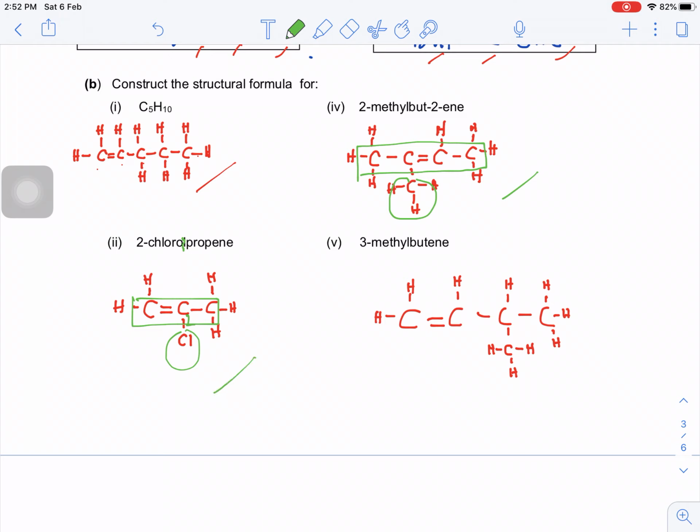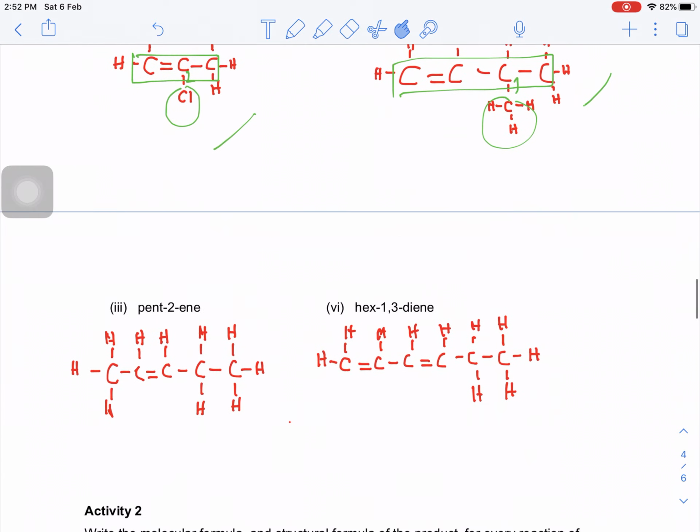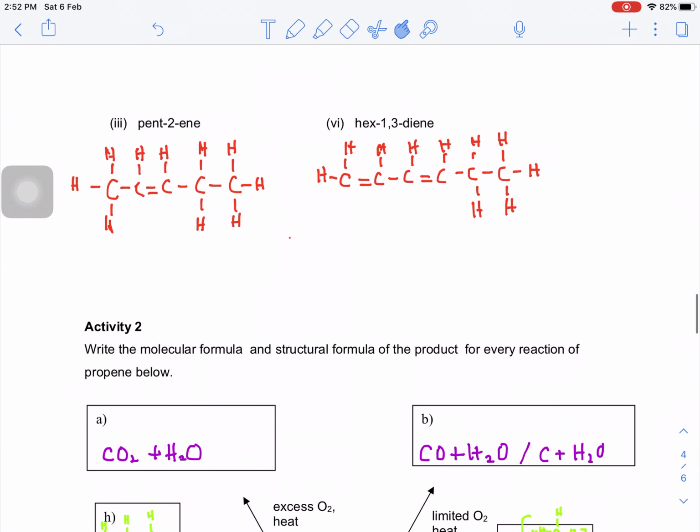Next, 3-methyl butene. Actually, kalau dia kata butene ni maksudnya but 1-ene. Okay, so butene, but 1-ene. So at carbon number 3, there is a methyl. Okay, pen-2-ene.